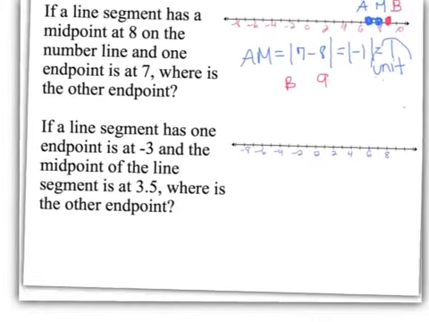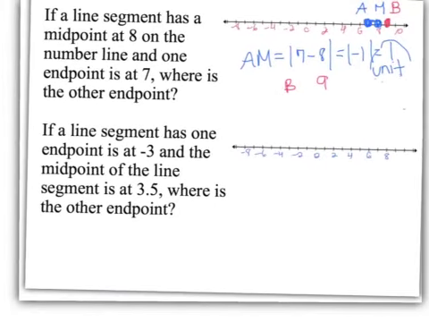The question told us that one endpoint is at -3. Let's call this A. The midpoint is at 3.5.